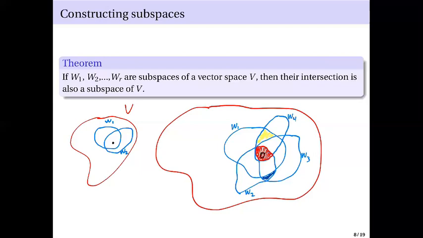Okay, suppose I get another subspace. This subspace here. Before I get that, this intersection here is a subspace. This intersection here is a subspace.